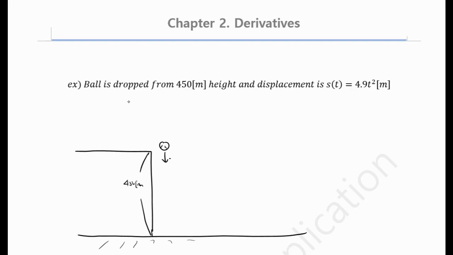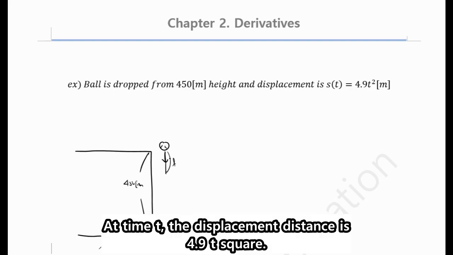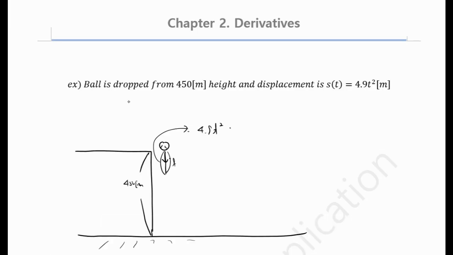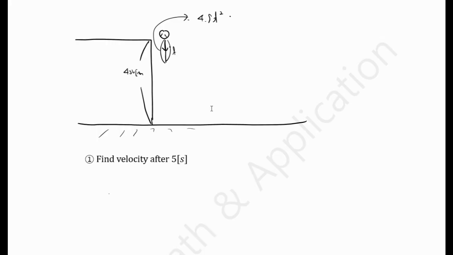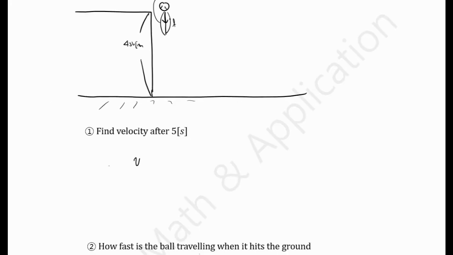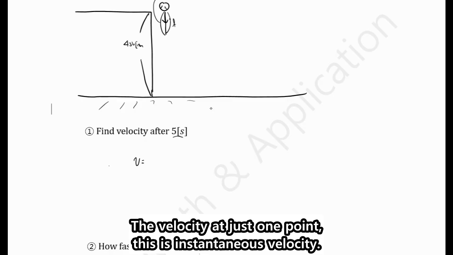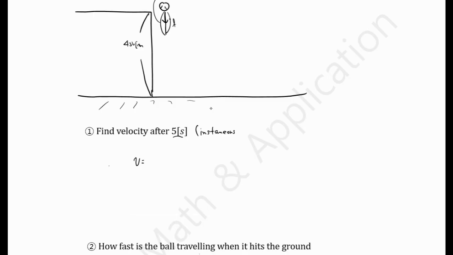The displacement at time t, the distance, is 4.9 t squared. And the question is: find the velocity after 5 seconds, the velocity at just one point. This is the instantaneous velocity.